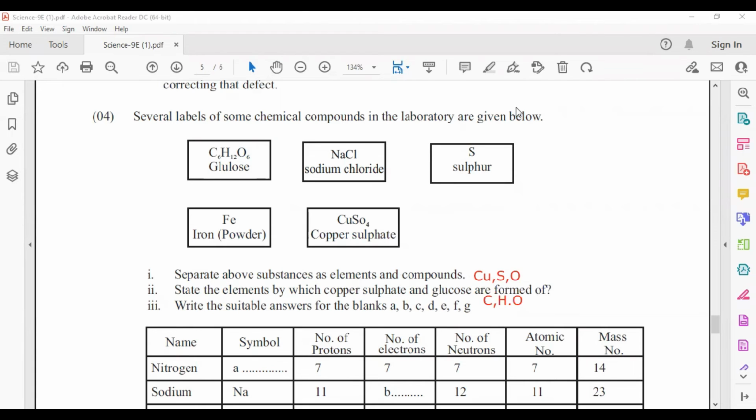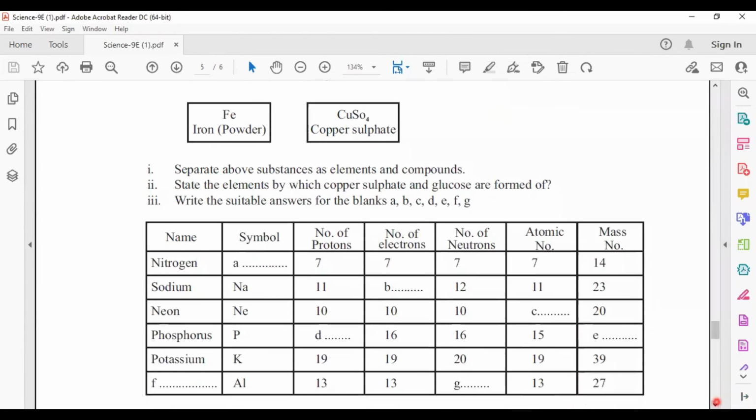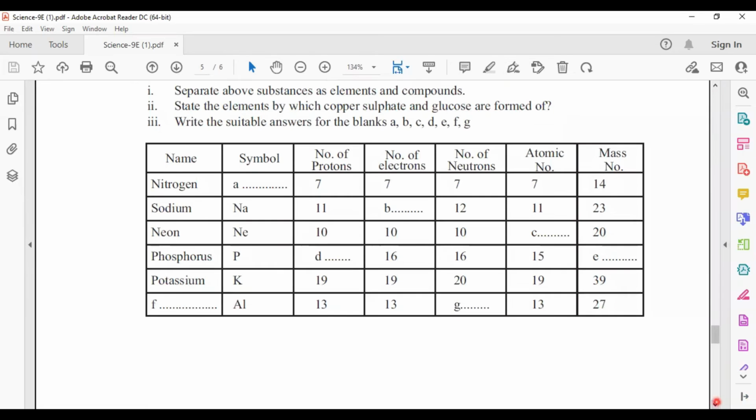Now we have to fill the blanks in this table. Nitrogen: the number of protons 7, electrons 7, neutrons 7, the mass number and atomic number are given. You have to fill it with the symbol of nitrogen, capital N. Sodium: number of protons 11, the number of electrons also 11.